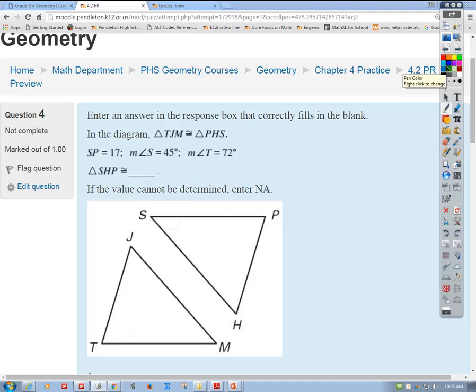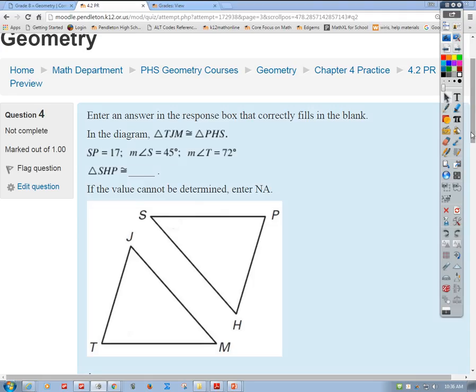Okay, and how would we do that in Moodle? Triangle, no space. And then S goes with M, H goes with J, and P goes with T. So triangle MJT. Okay, make sense?